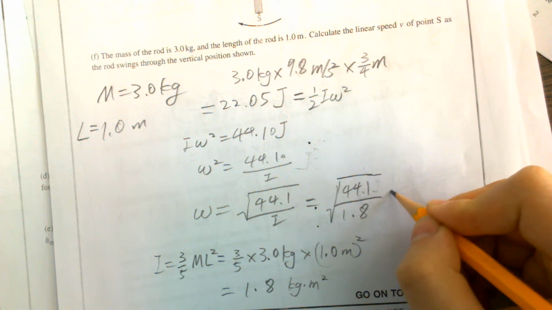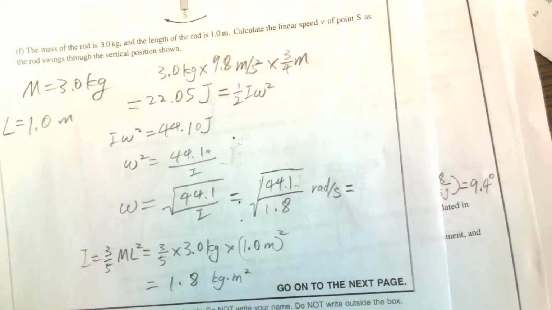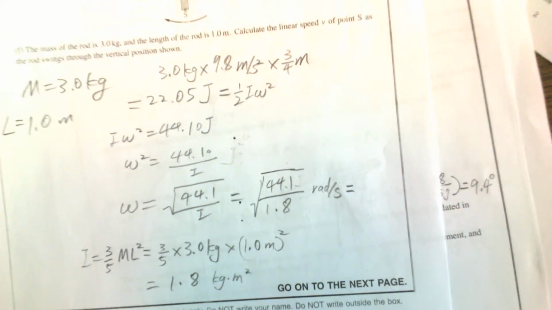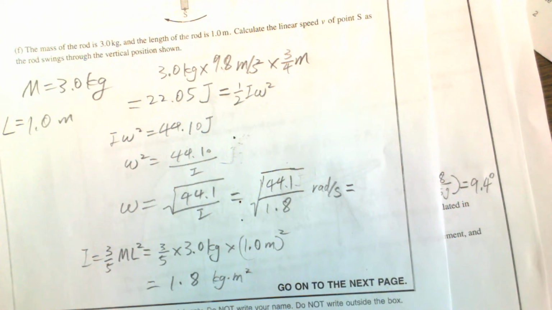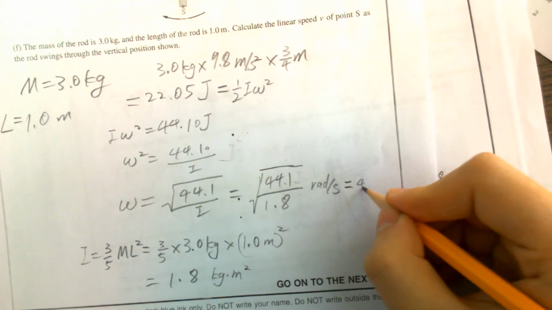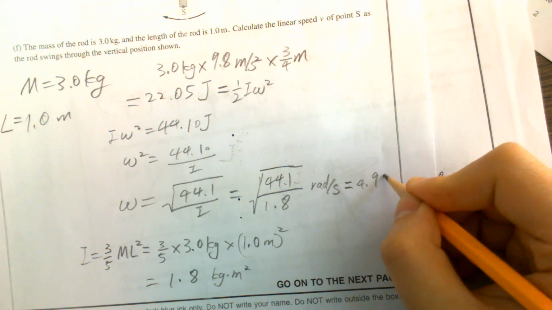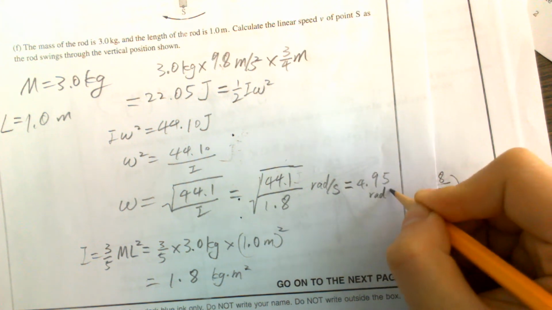Omega should be in radians per second. That is equal to the square root of 44.1 divided by 1.8, which is about 4.95 radians per second.